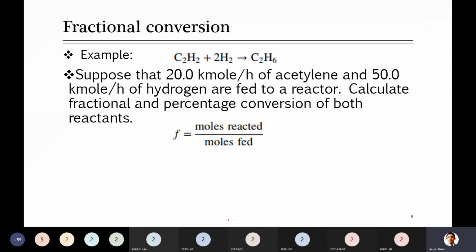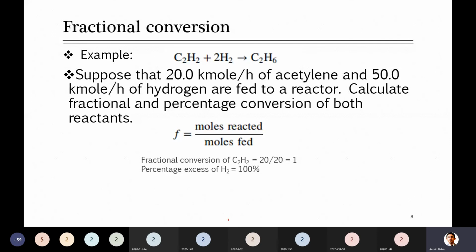So 20 kilomole per hour will be reacted. The moles reacted will be 20 kilomole, the moles fed will be 20 kilomole. So 20 over 20 is a ratio of 1 and the percentage will definitely be 100%. So 100% conversion of acetylene is taking place.